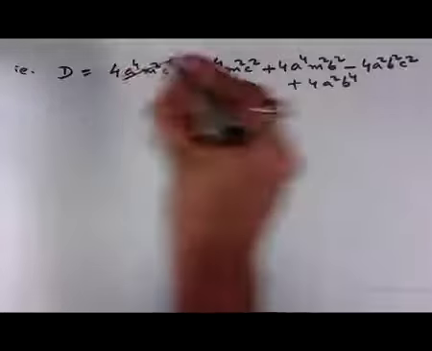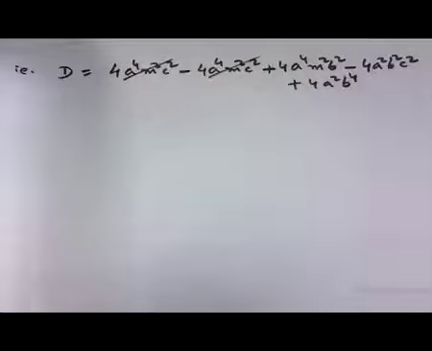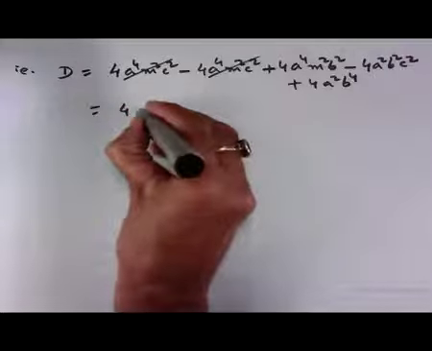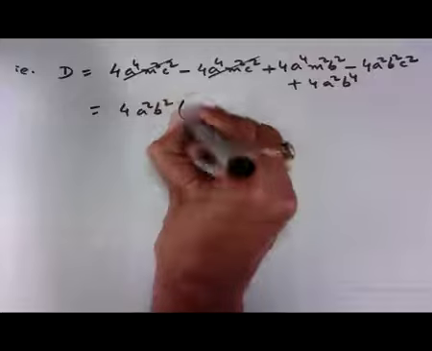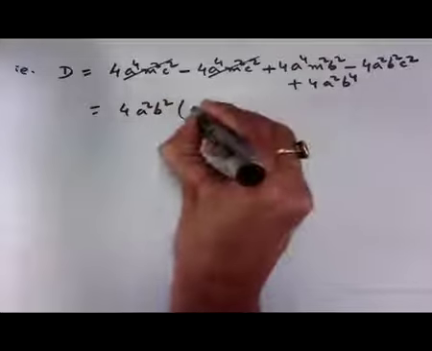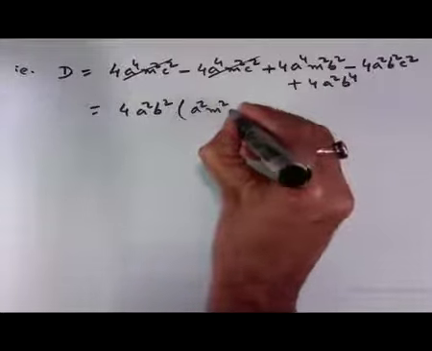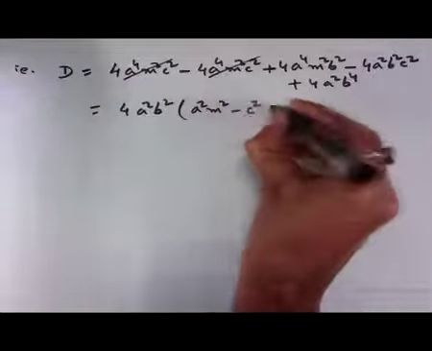So, this cancels and this can be written as 4 times a square b square is common, and then we get a square m square minus c square plus b square.